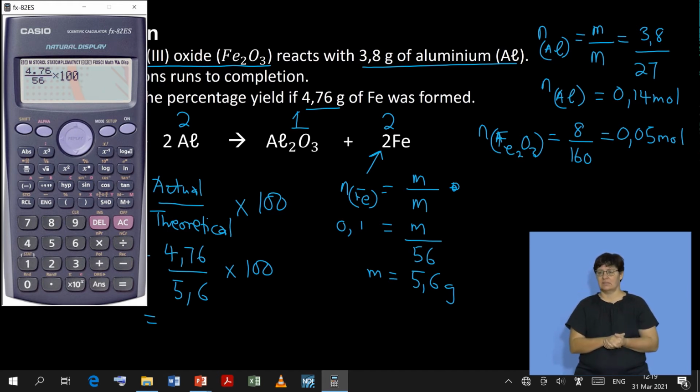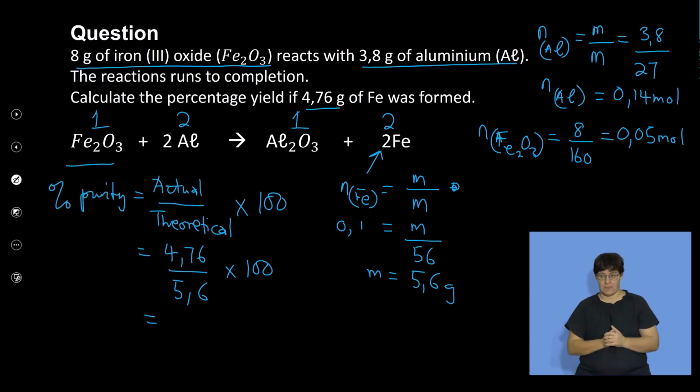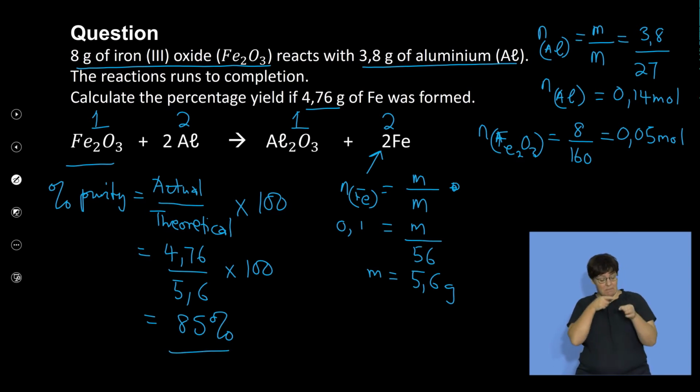So that's 5.6, right? This gives us 85% purity. It means then, in this sample of iron, 15% of this sample contains impurities, right?